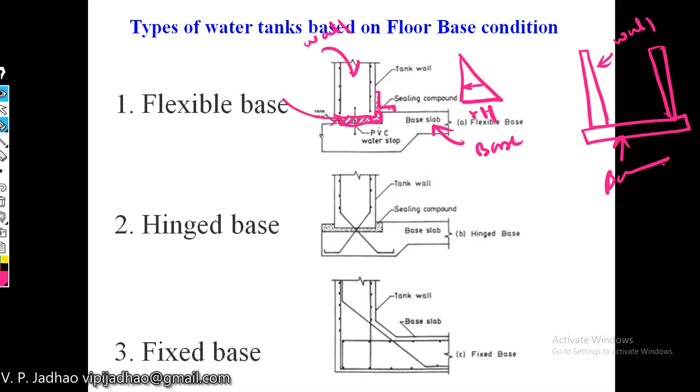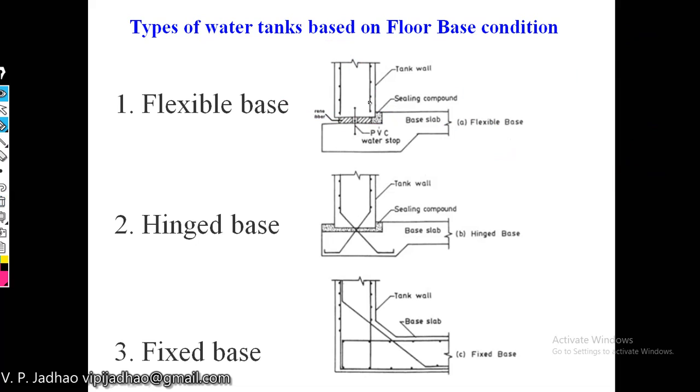So in this particular type of water tank, we will be providing some rubber pads below the wall. At the same time, some PVC water stopper will be provided to prevent the leakage of water, whereas some sealant material will be provided here to prevent the leakage of water again.